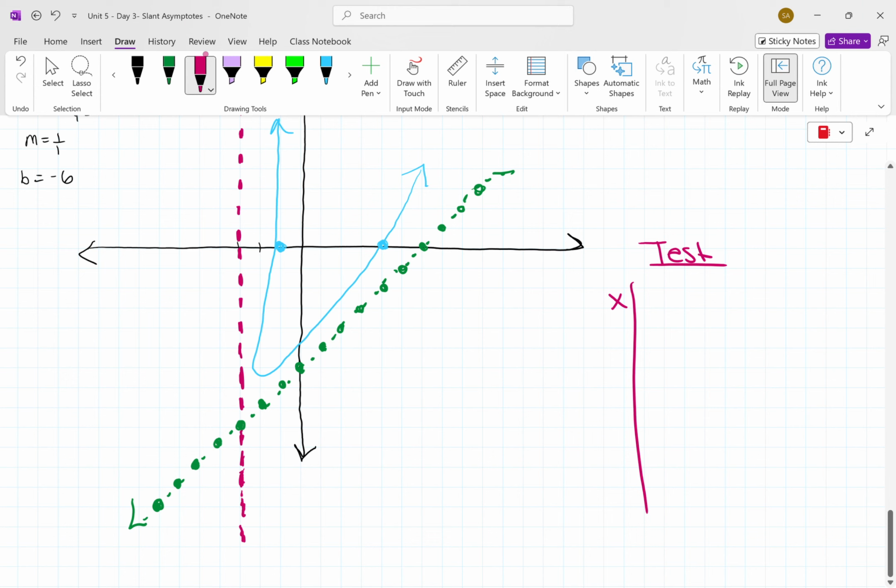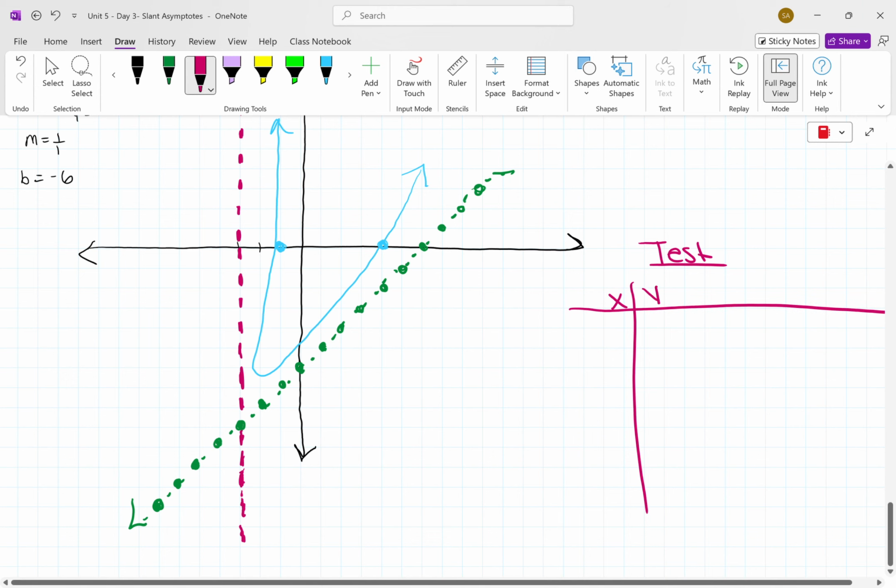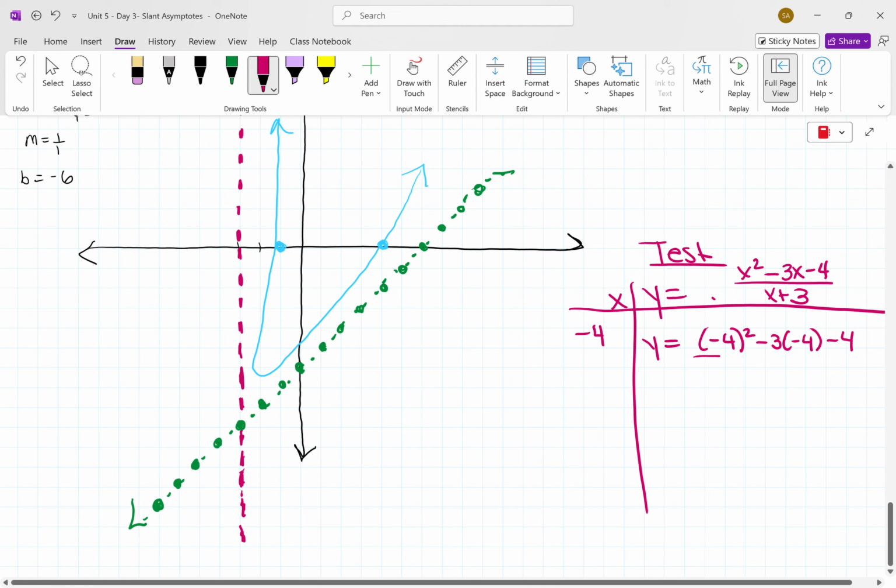So I'm going to test the x-coordinate. I'm going to plug into x squared minus 3x minus 4 over x plus 3. I'm going to sub in negative 4. So I have negative 4 squared minus 3 times negative 4 minus 4 all over negative 4 plus 3.